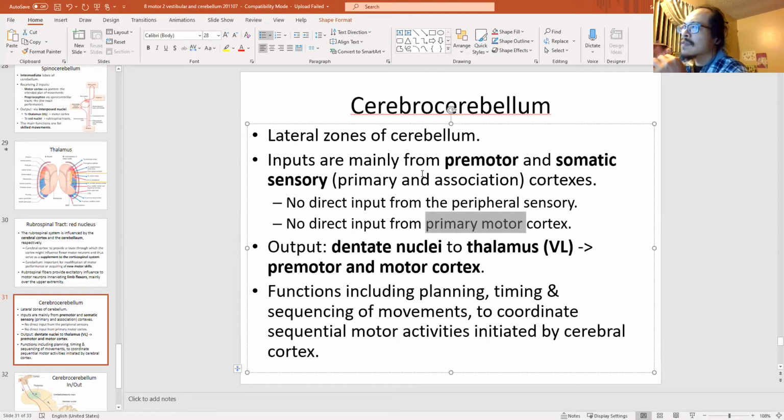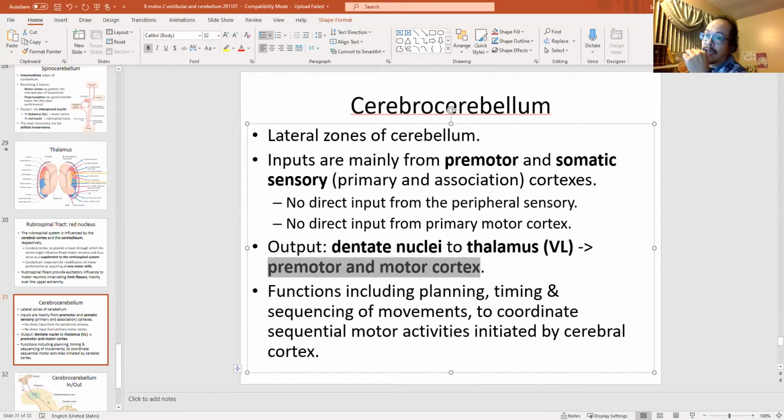So this is from the premotor planning and also sensory. So it gets all this information. Then output goes to the dentate and back to the cerebral cortex. Back to the cortex, it has to go to the thalamus, then go into the premotor and motor cortex.